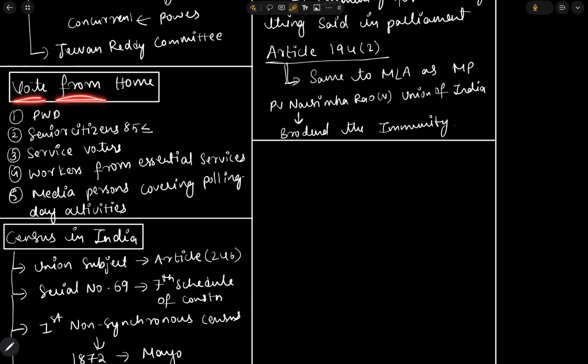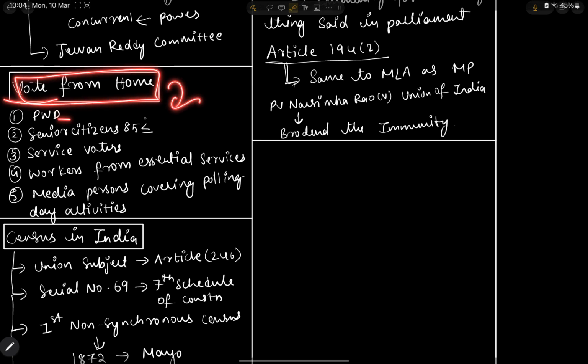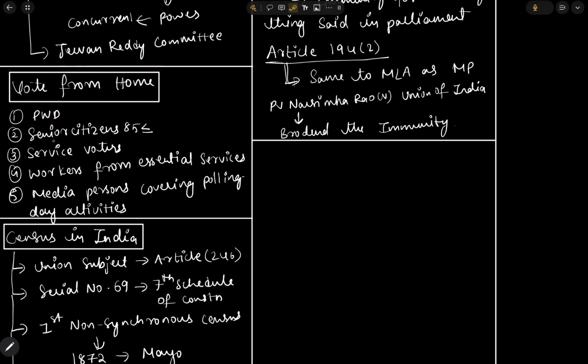Next we have the vote from home. From the name only we can say that vote from home is nothing but voting from our home for our chosen public representative. The vote from home is applicable to PwD and senior citizens above the age of 85.